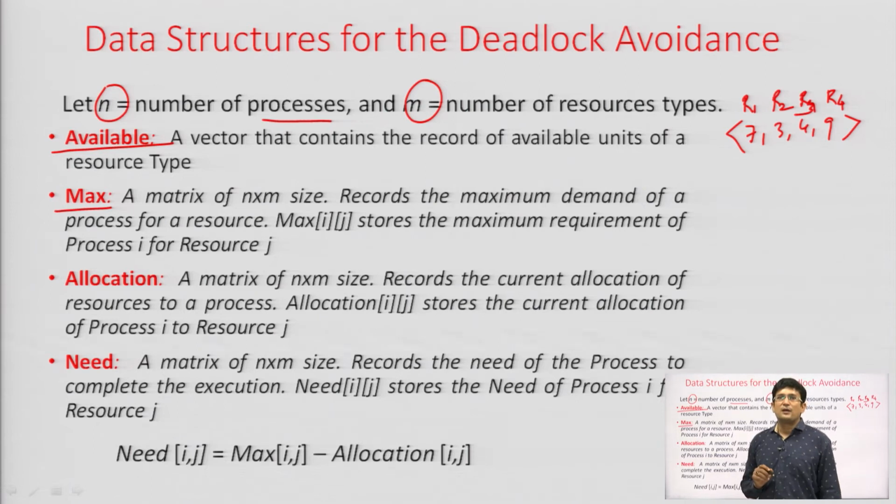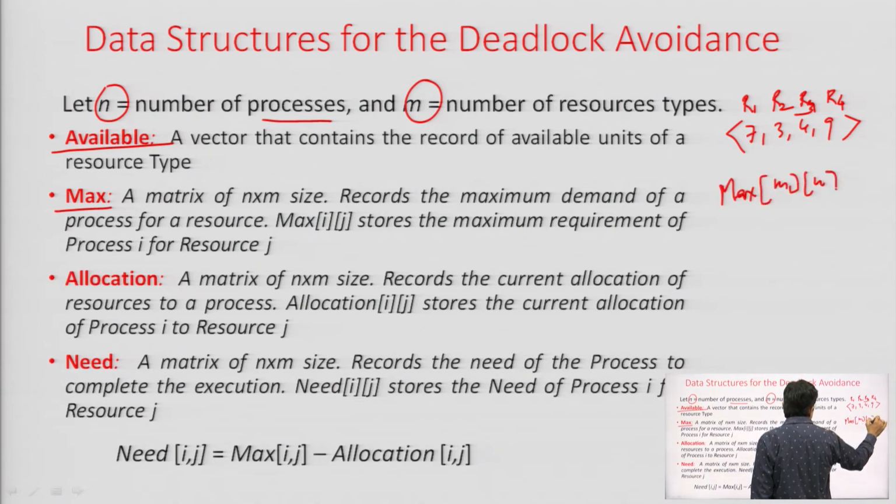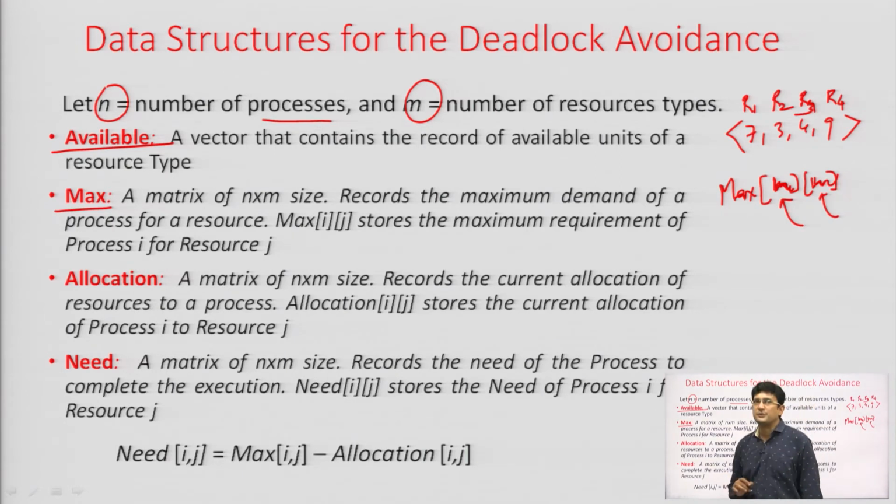Maximum means how much is the maximum demand of a process. So, this is declared at the beginning. Maximum is obviously a 2D matrix, an N cross M matrix, where N is representing the number of processes and M is representing the number of resources.